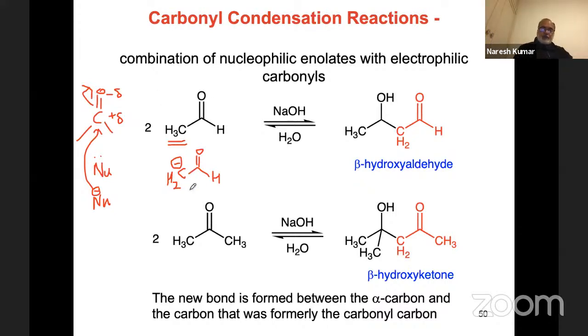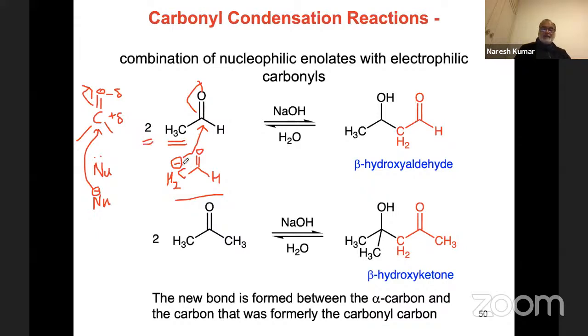Now, if we generate this enolate here by treating the carbonyl compound with a base, you can imagine that this anion here can also react with this carbonyl compound, which is present in the starting material itself, to give you a condensation product. So the acetaldehyde compound, if you take two here means two equivalents.